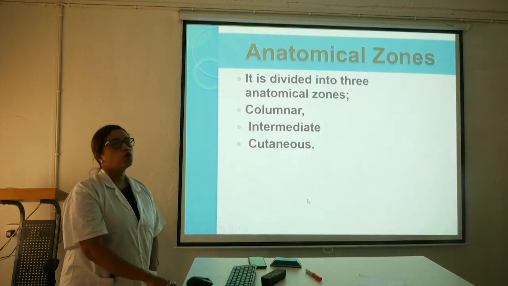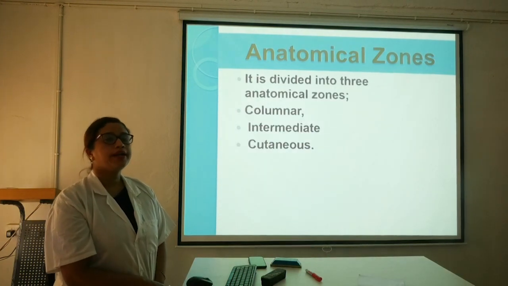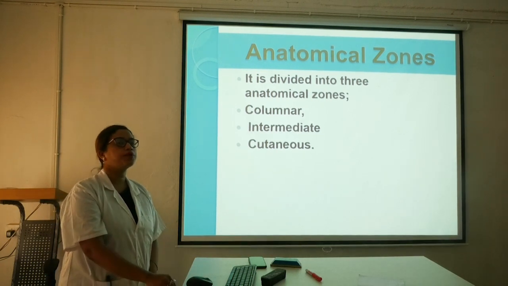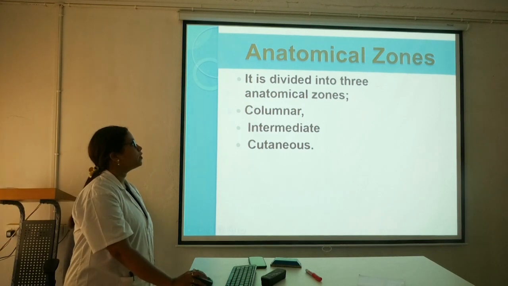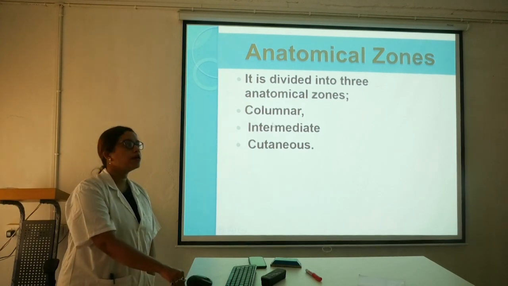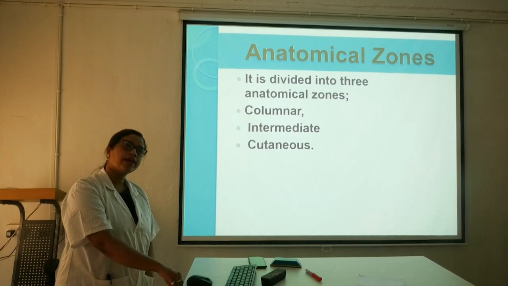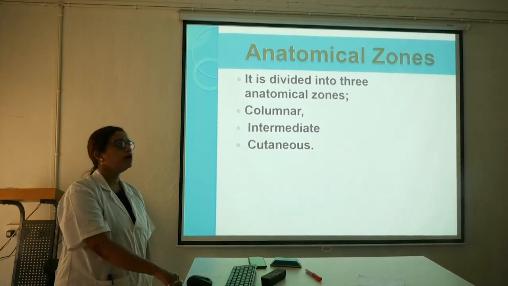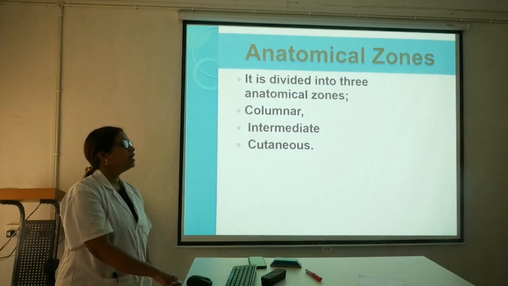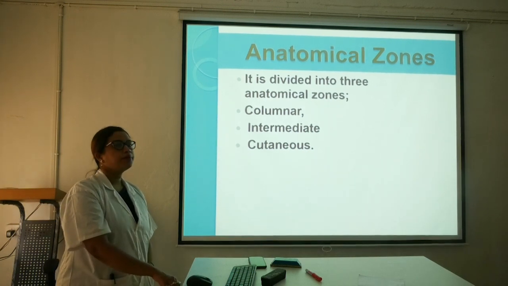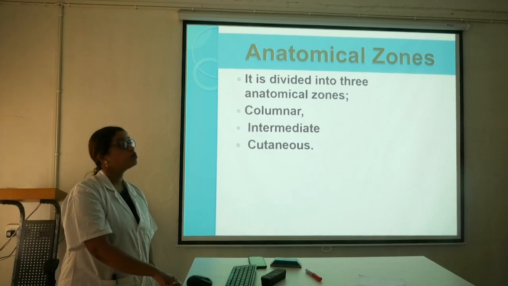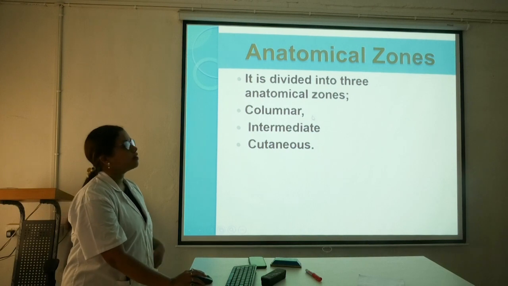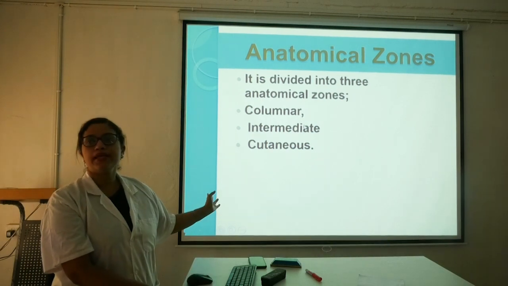So now this whole anal canal is divided into three anatomical zones. That means the rectal mucosa, then in between there is intermediate. So what will the intermediate epithelium be?